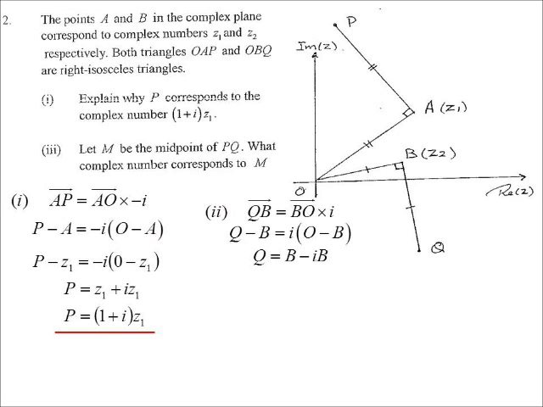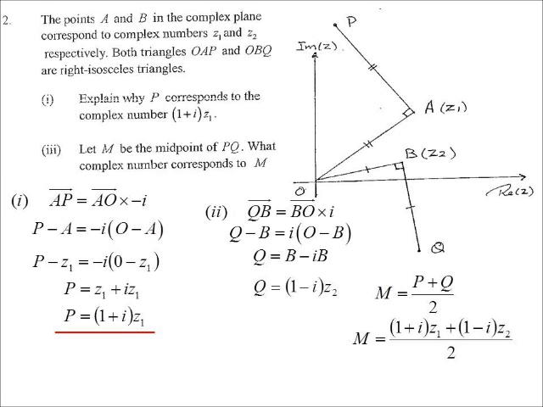Subbing in, and we get 1 minus i, Z2. We want the midpoint, not the mid vector, so it'll just be P plus Q on 2. Add them together. I suppose that really is good enough for an answer, but it's not underlined, so I probably did something with it. No, yeah, doesn't really matter. Same thing.